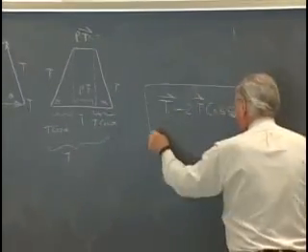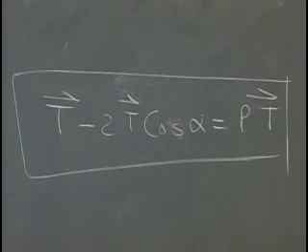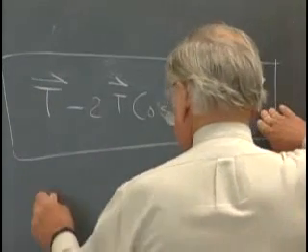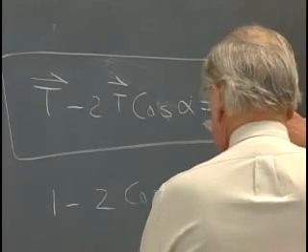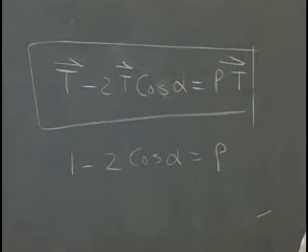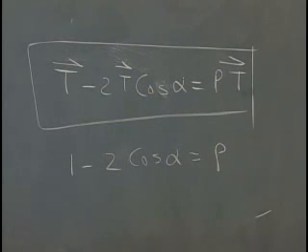And there's my constraint. Alpha has to satisfy that condition. Well, I can immediately cancel the t and write this as 1 minus 2 cosine of alpha is equal to an integer p. And it figures that that has to be the case because none of this construction depends on the size of the original translation that I took.